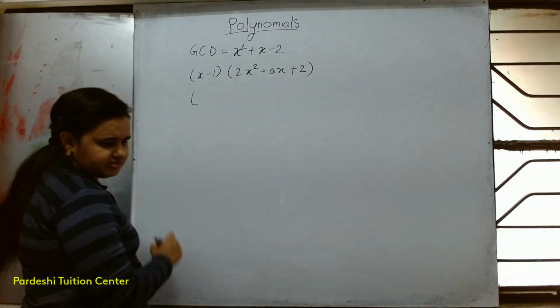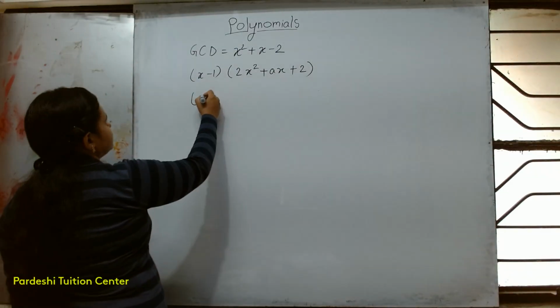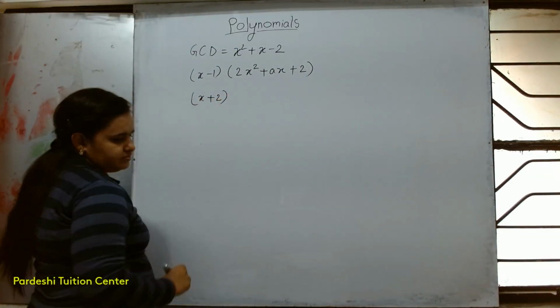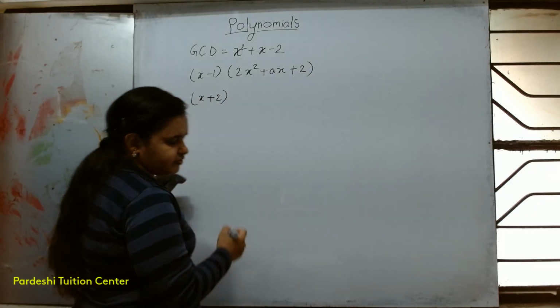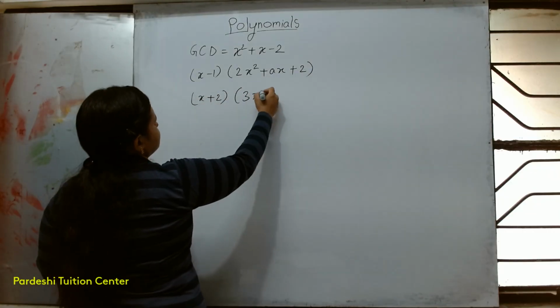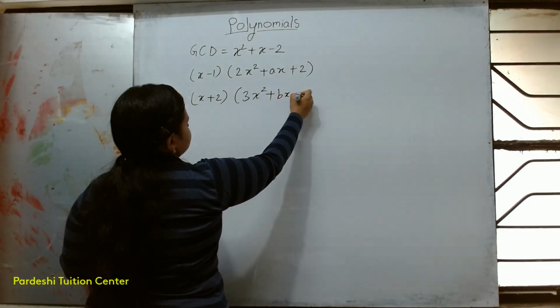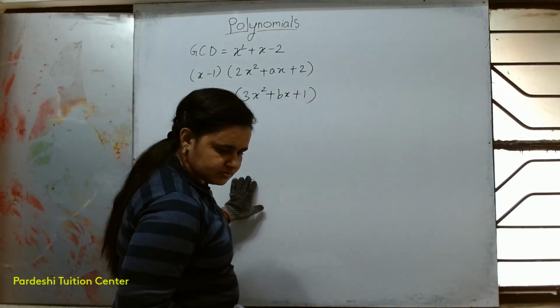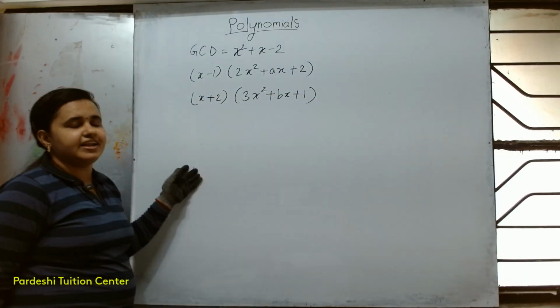Another expression is x plus 2 times 3x square plus bx plus 1. And we have to find the values of a and b.